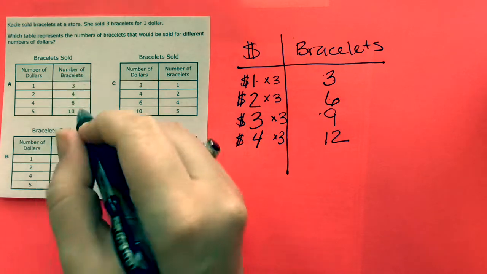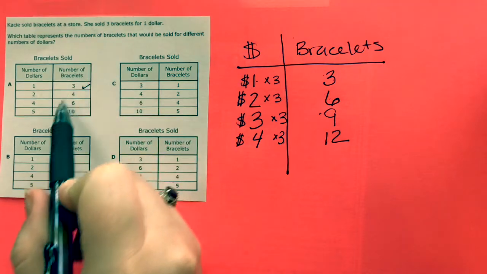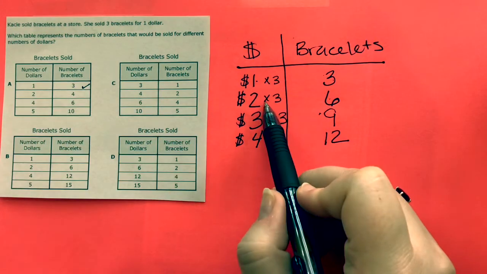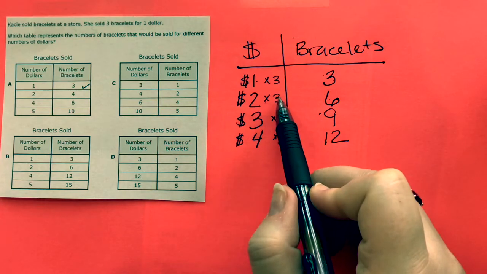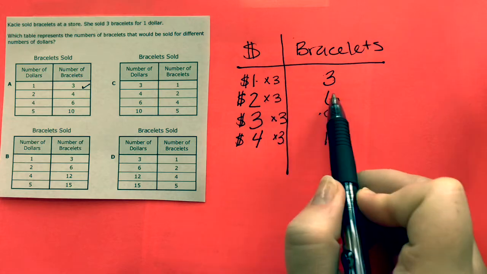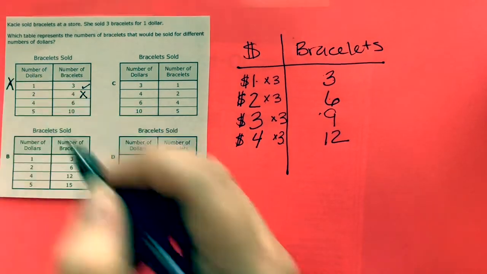I know that piece is right, because for every $1, I'm selling 3 bracelets. Well, $2, 4 bracelets. That's not what I got over here because for every $1, I have 3 bracelets. So if I have $2, I need to multiply that by 3 to get 6. So that is wrong. So I know A is already out.